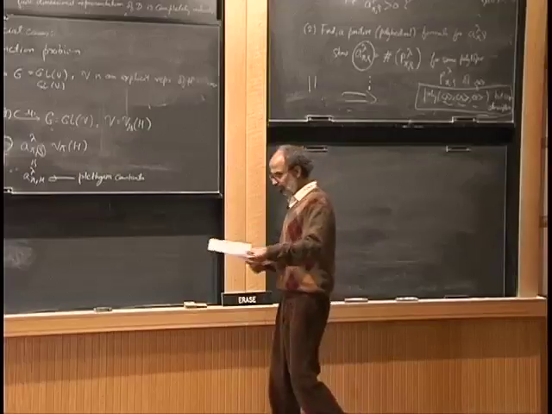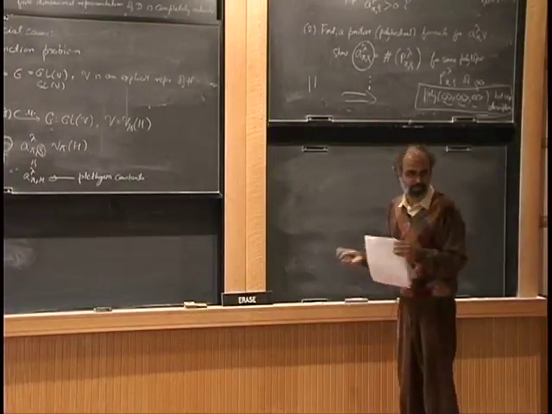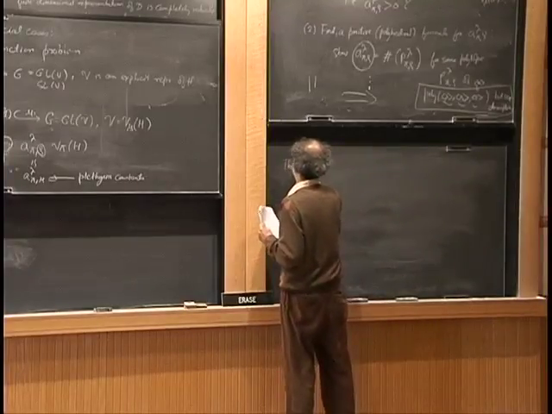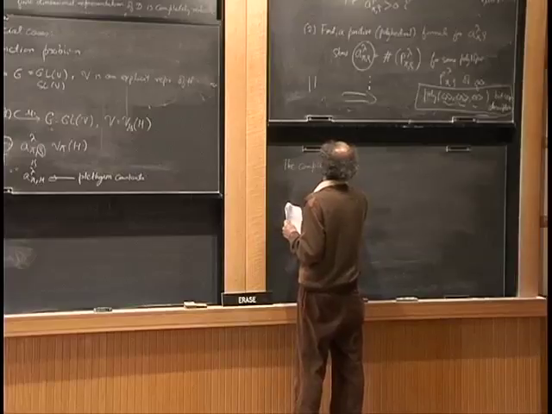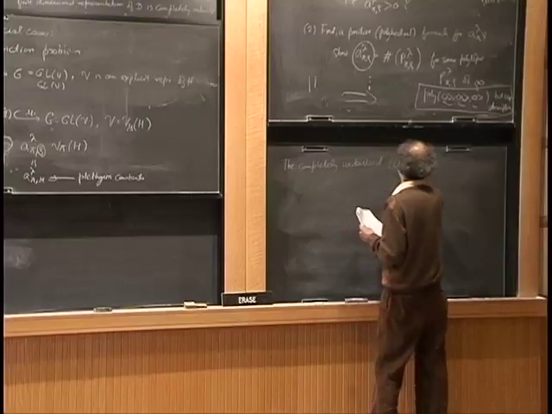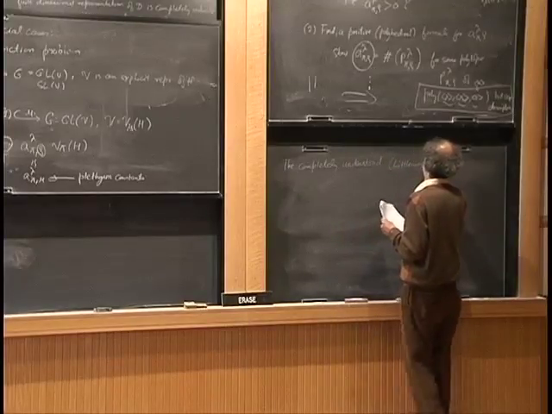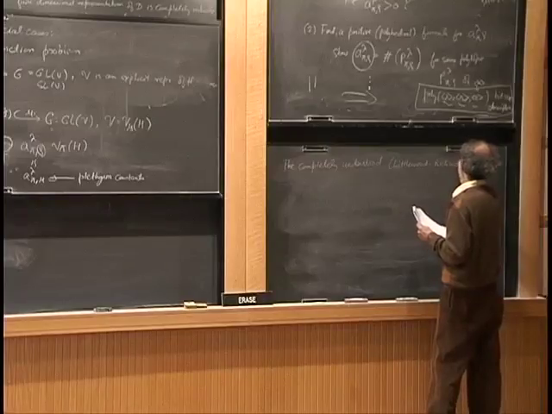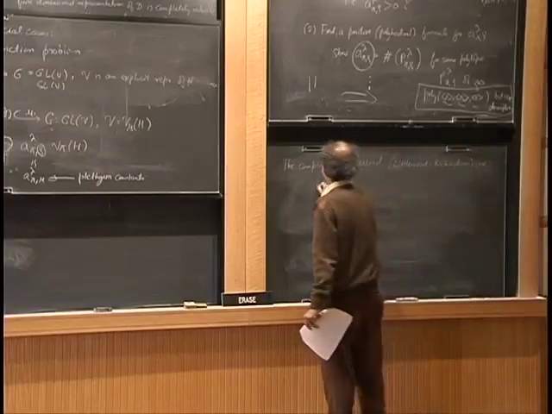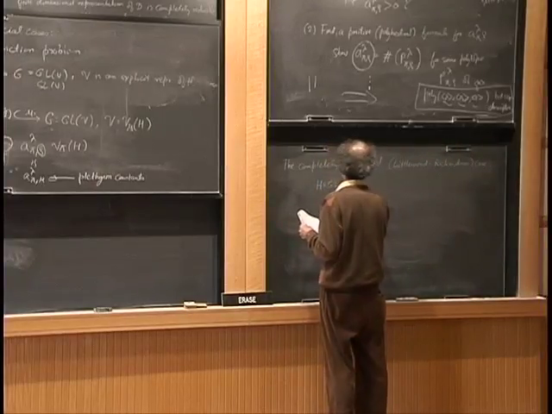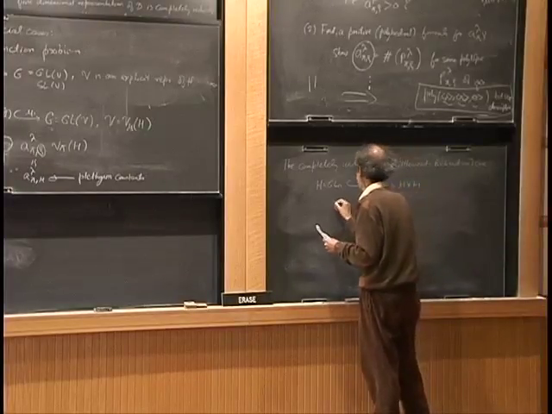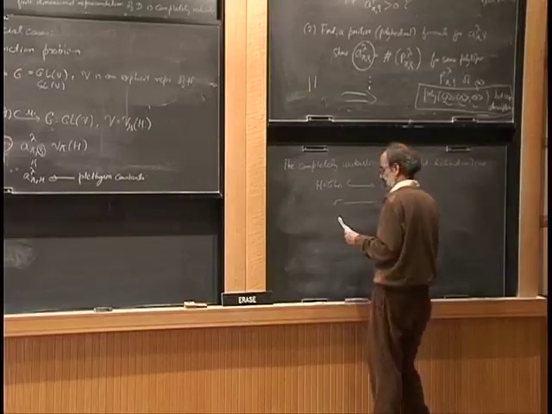So let us first understand the one case that is completely understood, and that is going to be the basic prototype of how we are going to go ahead. The completely understood case is the Littlewood-Richardson case. This is given by H equal to GL_n, embedded into H cross H by sigma goes to (sigma, sigma), just the diagonal.